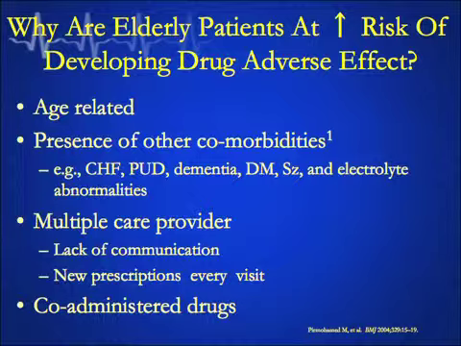Presence of other comorbidities: CHF, peptic ulcer disease, diabetes mellitus, seizure, dementia, electrolyte abnormality. When your patient has CHF, you have to be careful with the type of medication you give. For example, sodium-containing medication is not good. Some of those medications you use for treatment of diabetes, like Avandia, are not good.